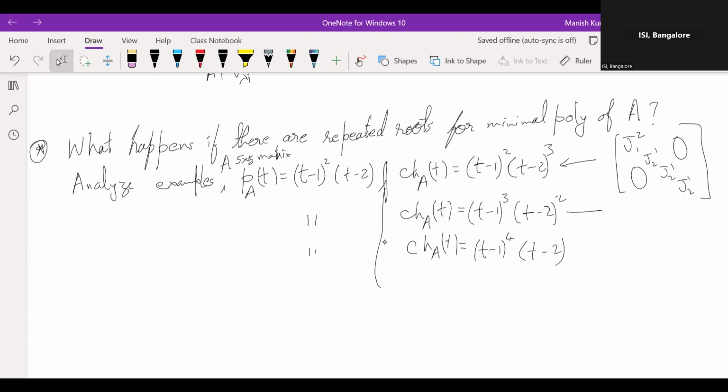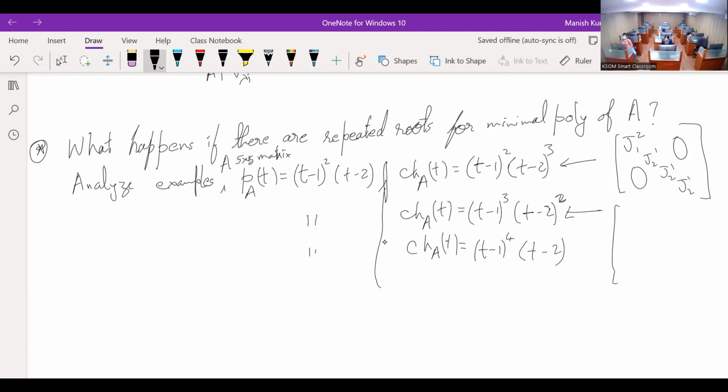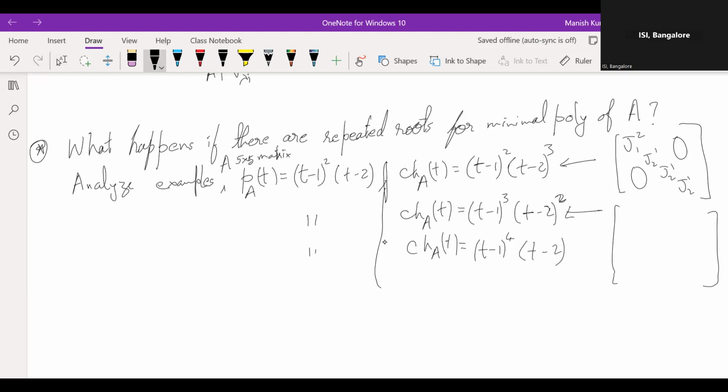If the characteristic polynomial is (t minus 1) whole cube and (t minus 2) whole square, that's possible, right? Because the minimal polynomial divides the characteristic polynomial. In this case, what will the Jordan block be? By the same reasoning, the generalized eigenspace for 2 is two-dimensional, and t minus 2 is the factor, so there are going to be two J21s.